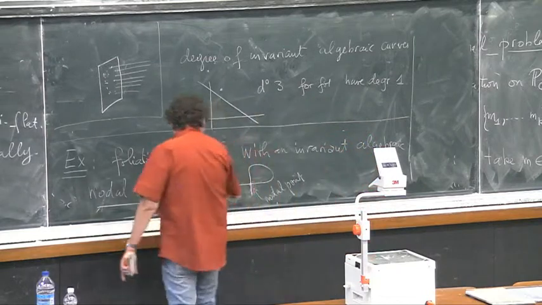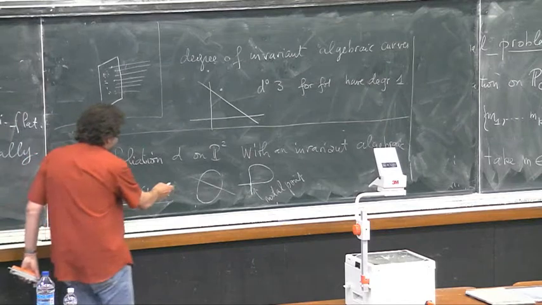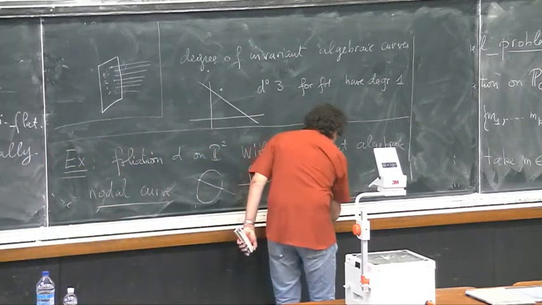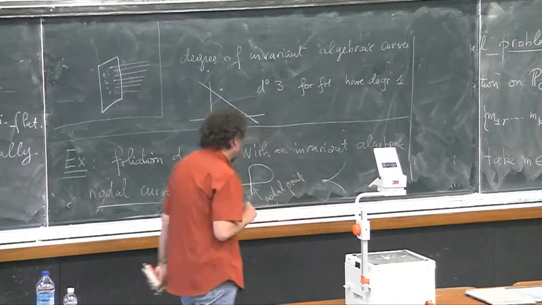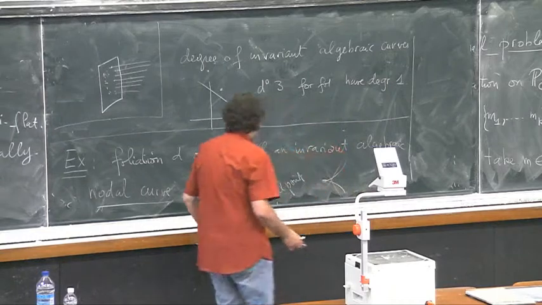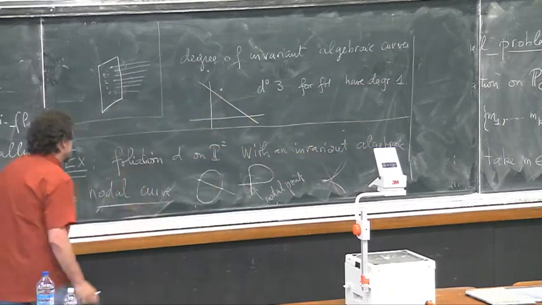Or I take a conic and a line which is not tangent, and you have two nodal points. And I take a cusp, and the cusp is not nodal for me. So a nodal point is locally like the crossing of two axes.